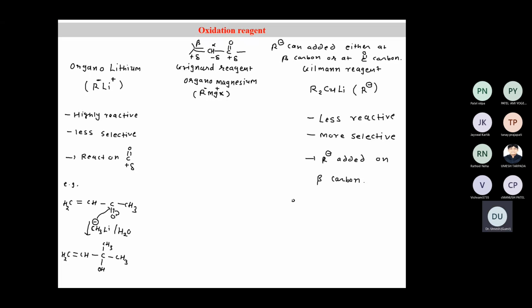For example, if you have RCH=CH-C(=O)-CH3 and you carry out the reaction with (CH3)2CuLi, then CH3 minus is added on the beta carbon in this way.